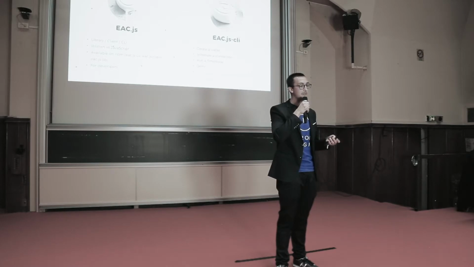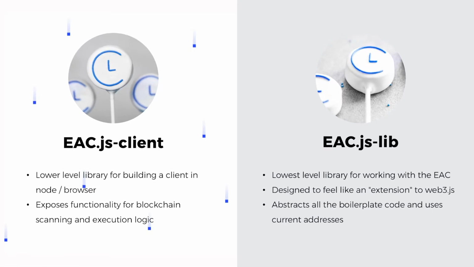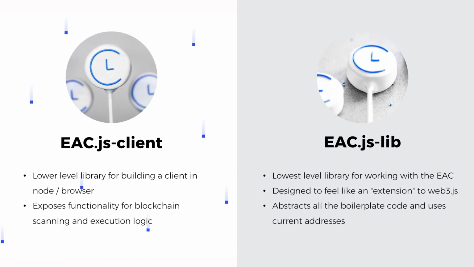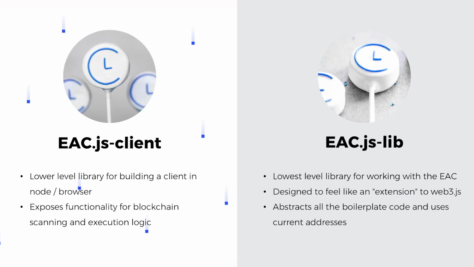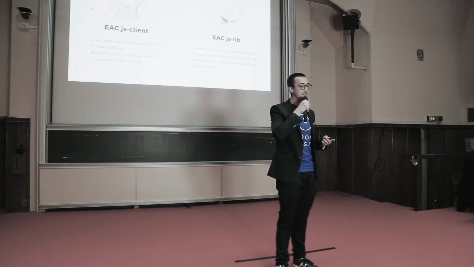We also have the time node logic in the EAC.js client library, and then we have a lower level library for just interacting with the alarm clock contracts. If you're a developer, I highly encourage you to look into these. We tried to make tools for you to get started really easily.